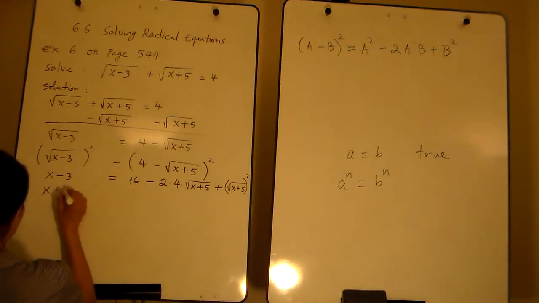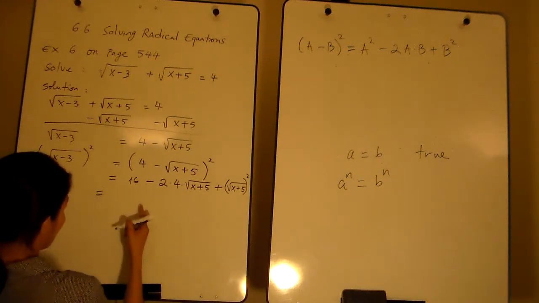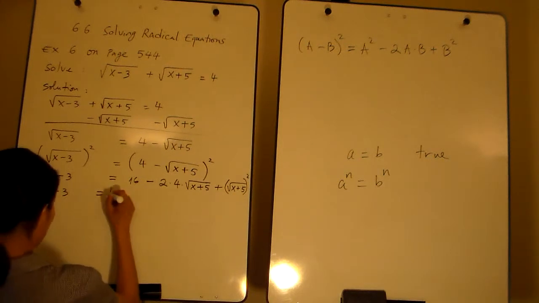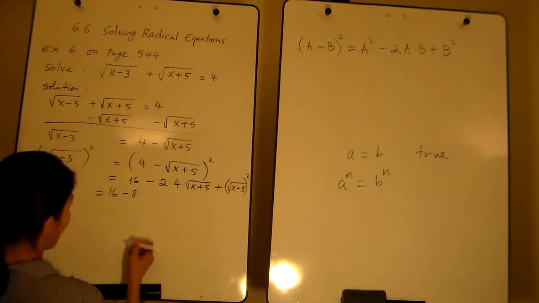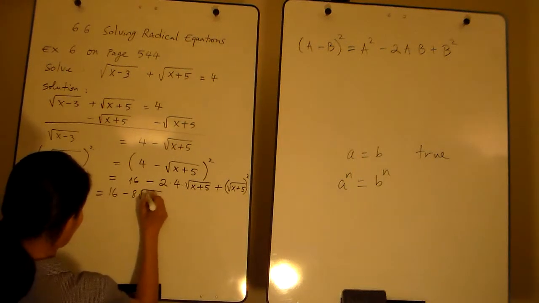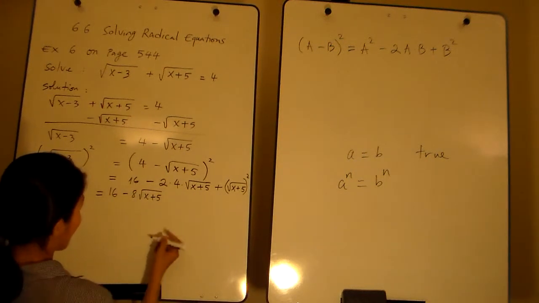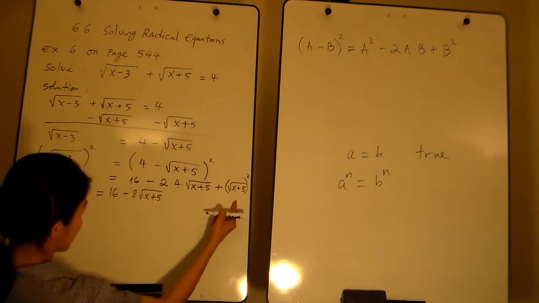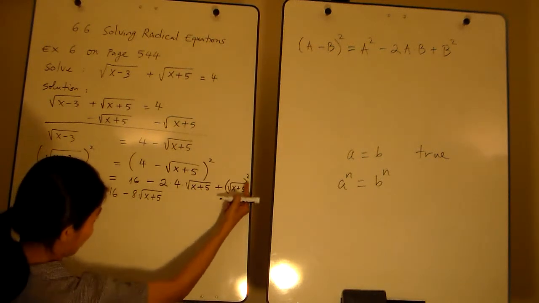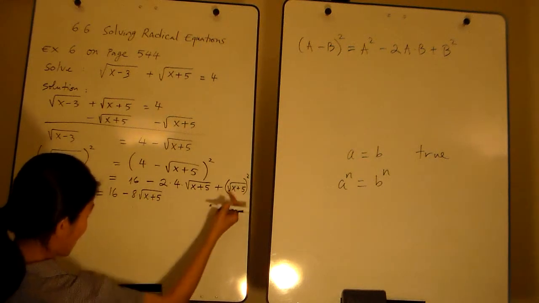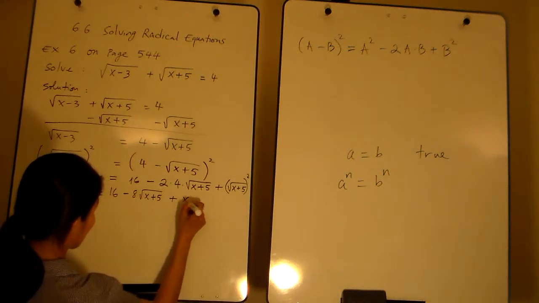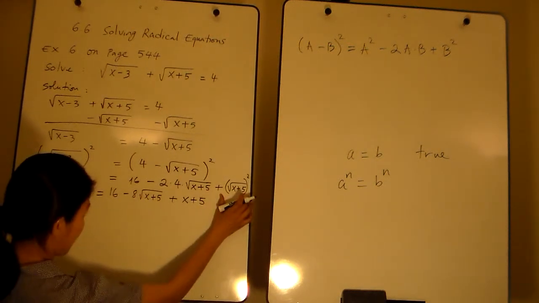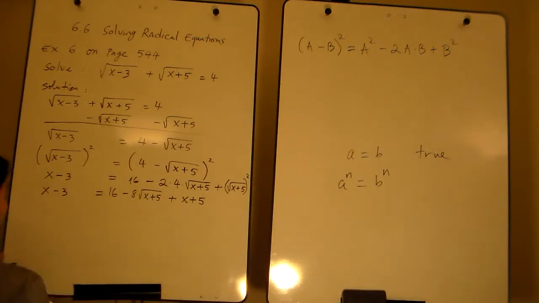This is still x minus 3 equal to, now simplify as much as possible, 16 minus 2 times 4 is 8, square root of x plus 5, and then the last term, again, this is a square root, the index is 2. When you square it, you simplify the radical, so you're left with x plus 5. Then simplify what you can.